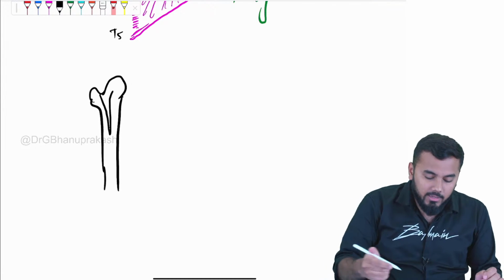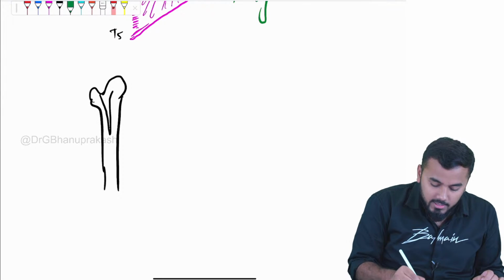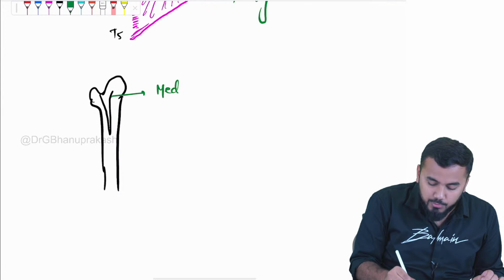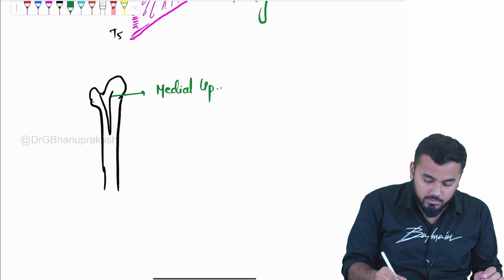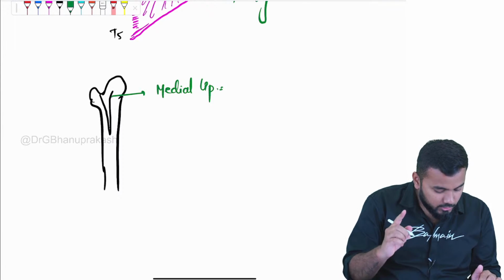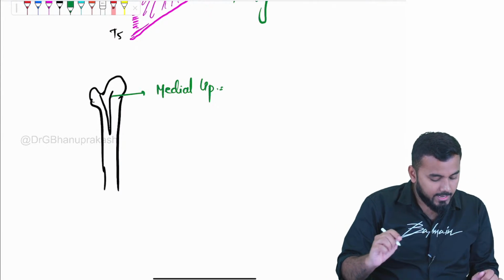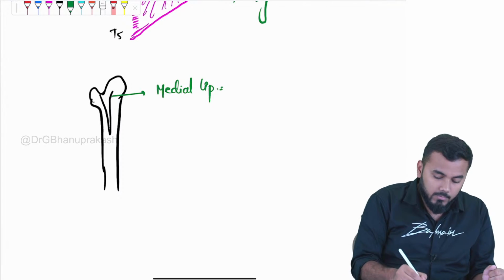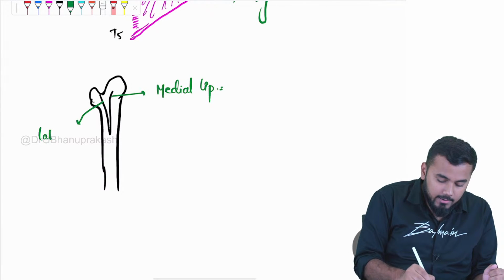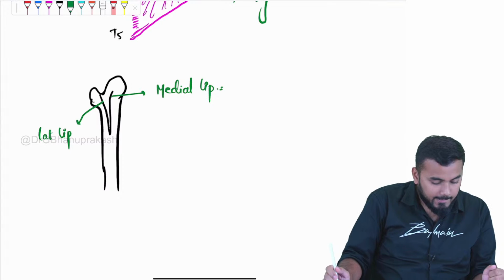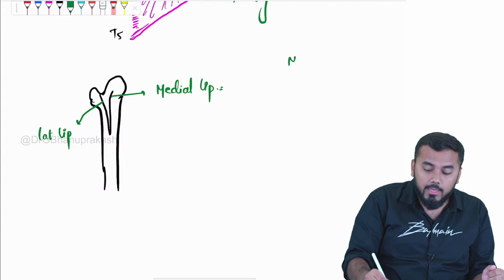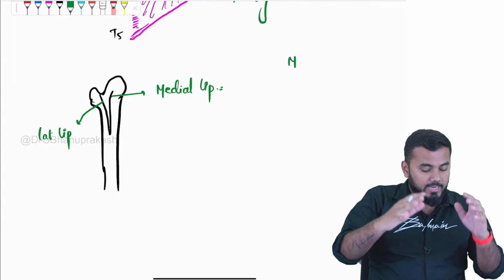I have discussed this already. This is the medial lip. Which muscle attaches to the medial lip? Which muscle is attached to the medial lip? And this is your lateral lip.